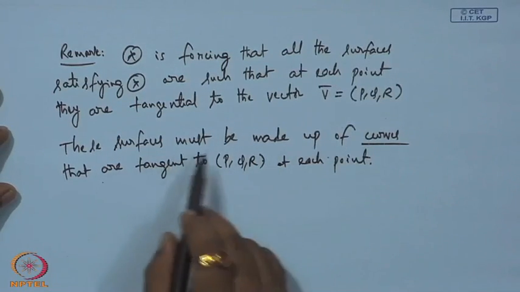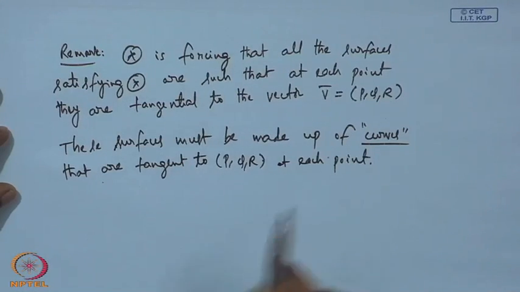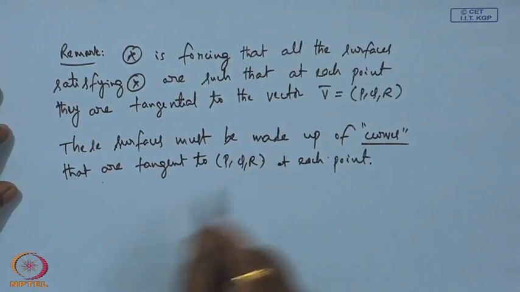Okay. So, these surfaces must be made up of curves that are tangent to p, q, r at each point. That is what I just explained.